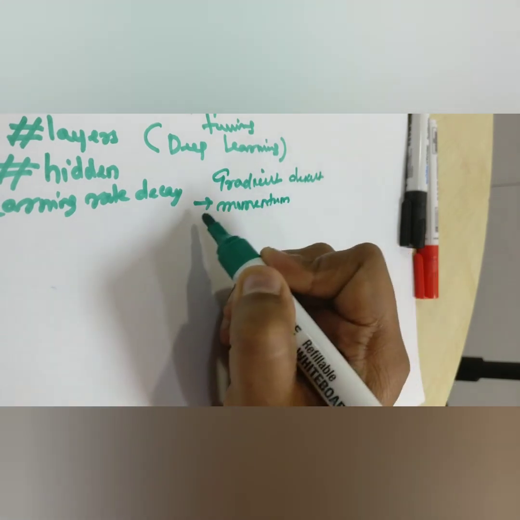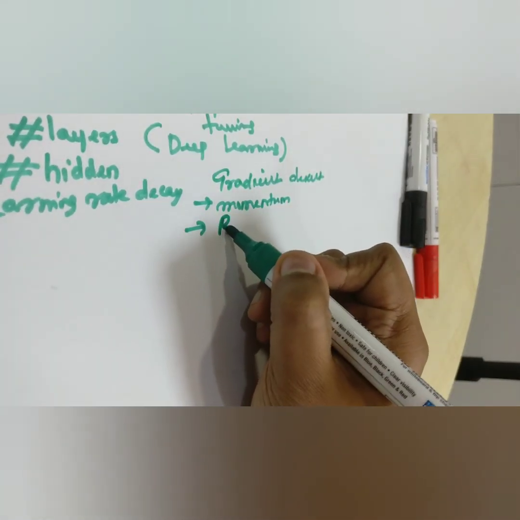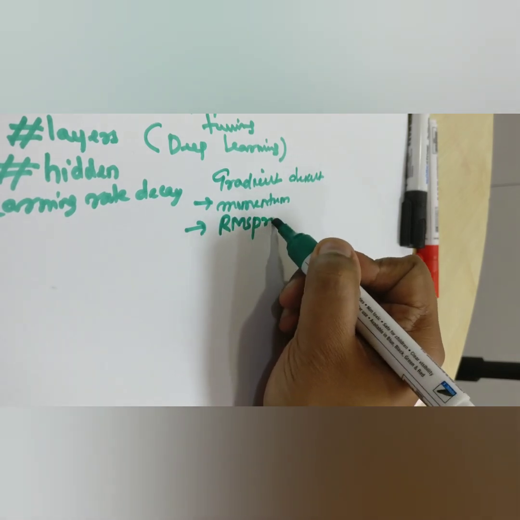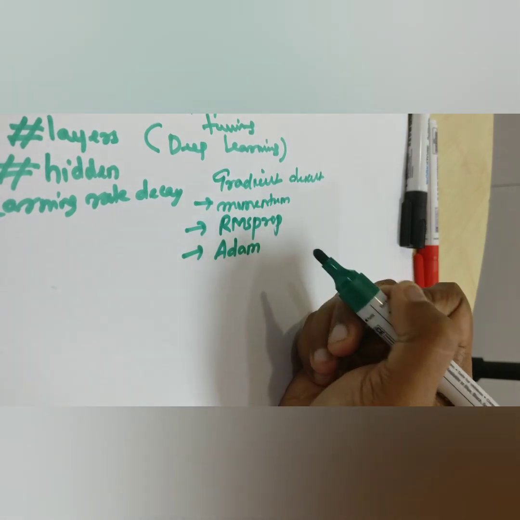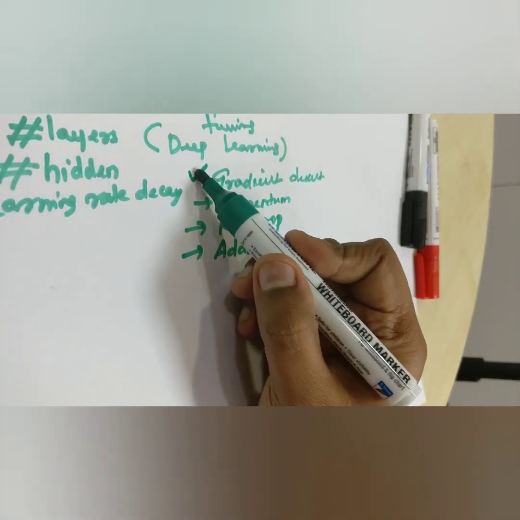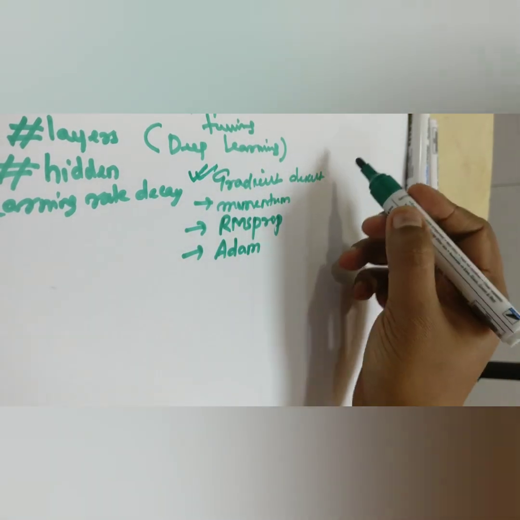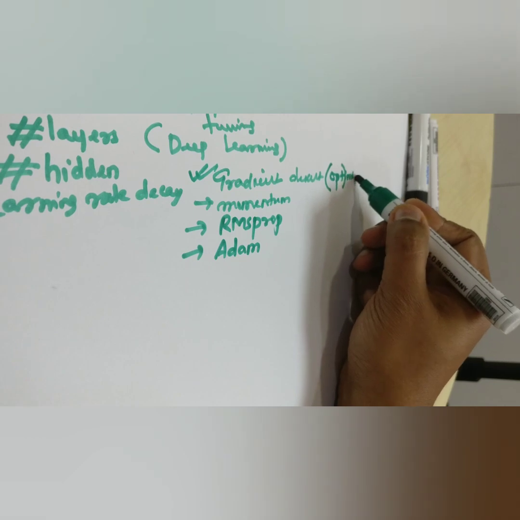These are techniques used to make your algorithms run fast. You must have heard about RMSprop. You must have learned or used Adam. So these are the different techniques that you use to speed up your optimization, which is gradient descent in another term.